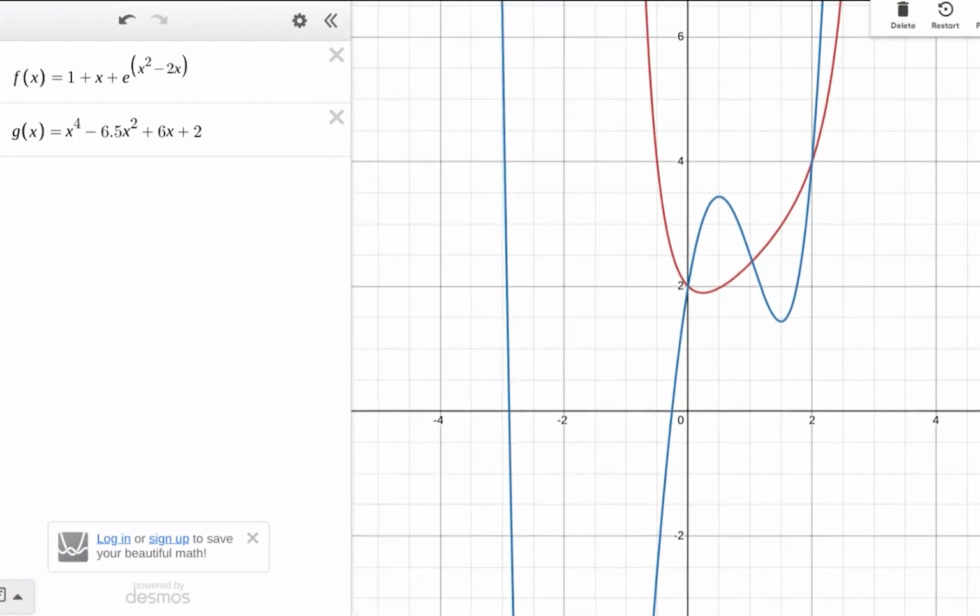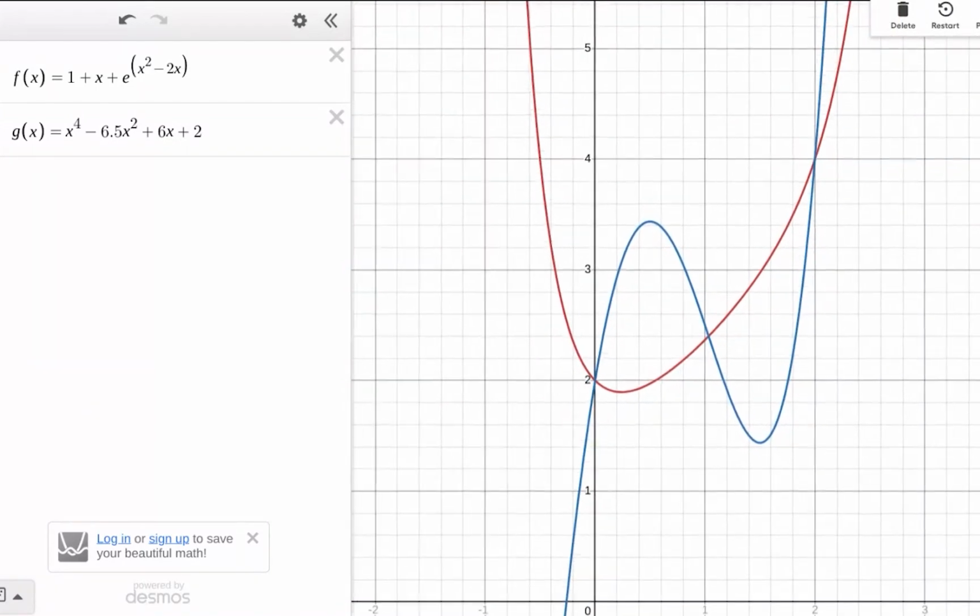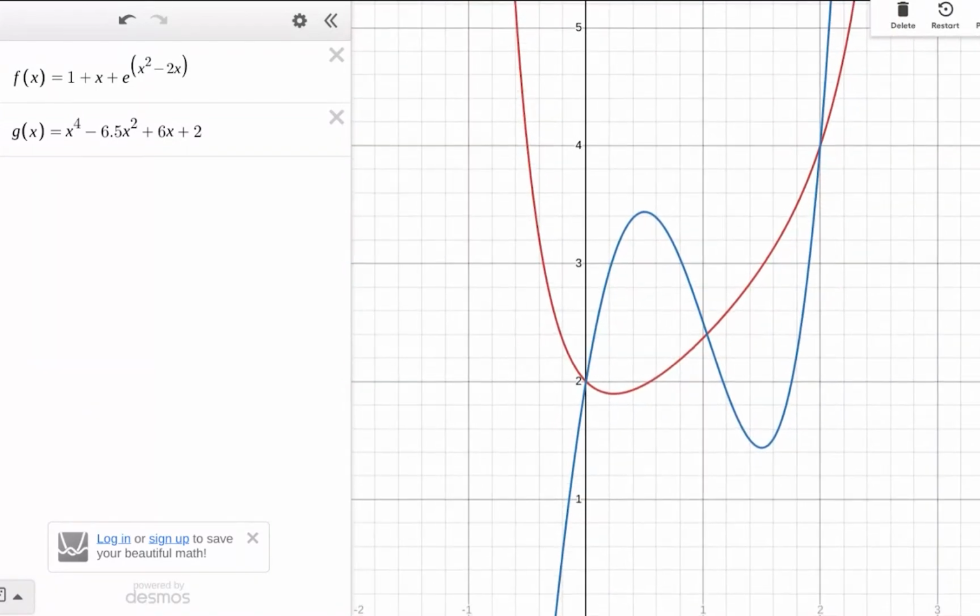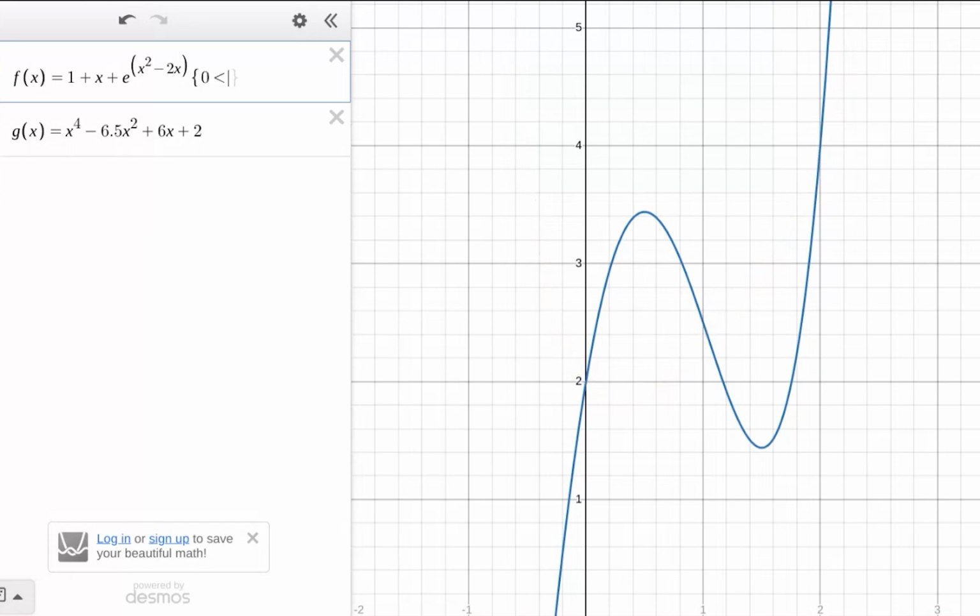All right, so if we zoom in here a little bit, we can see region R, which is that leftmost region, and the region S. And to make this even easier to look at, I'll restrict the domain of each one of these to the relevant domain that we're looking at, between 0 and 2.